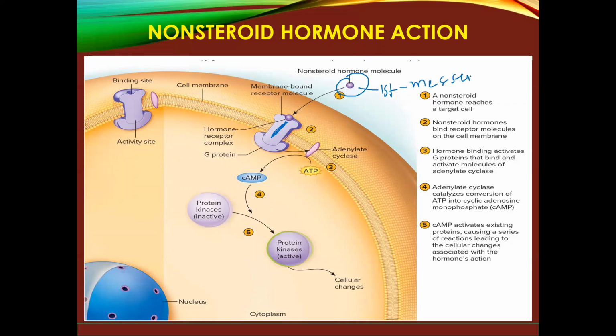This first messenger binds to the receptor. It will activate the G proteins, and then the activated G protein will change the ATP into the cAMP. So this cAMP becomes the second messenger.